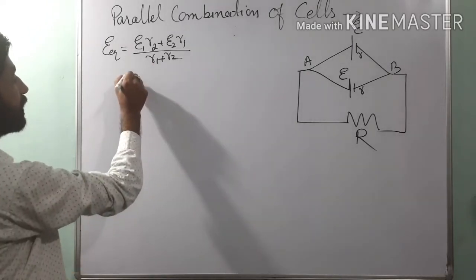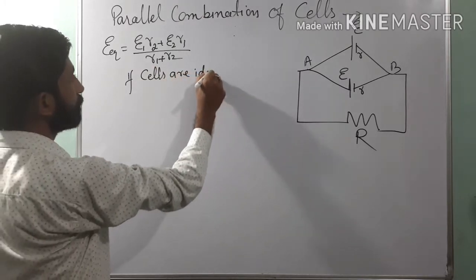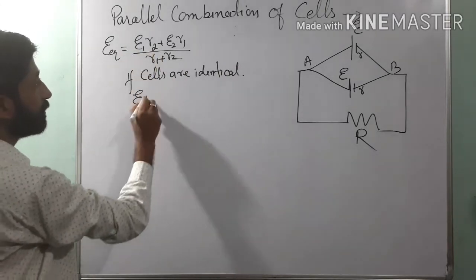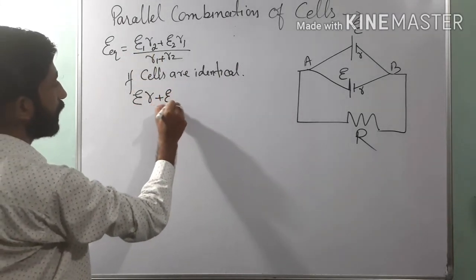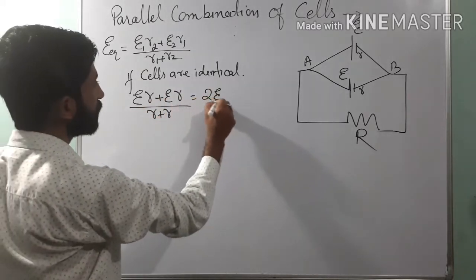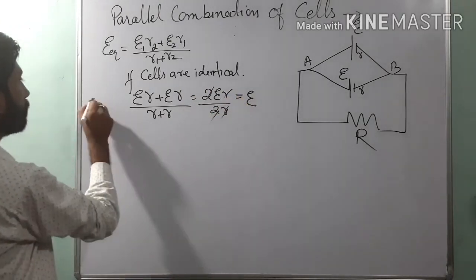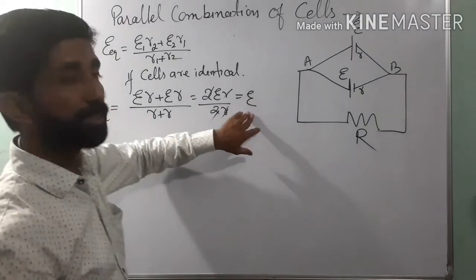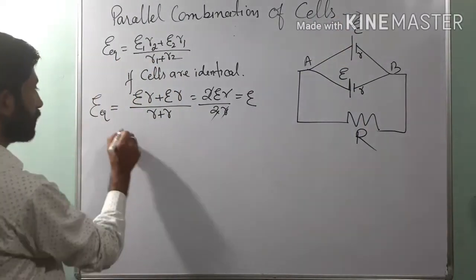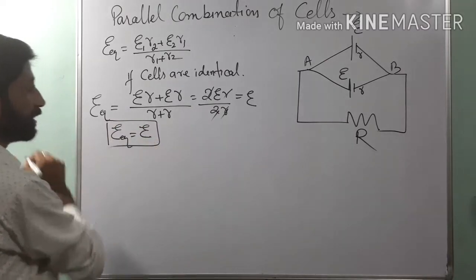Now if the cells are identical, then E1 is replaced by E, R2 is replaced by R, and so on. That is twice ER over twice R. So the equivalent EMF is equal to the EMF of any of the cells.